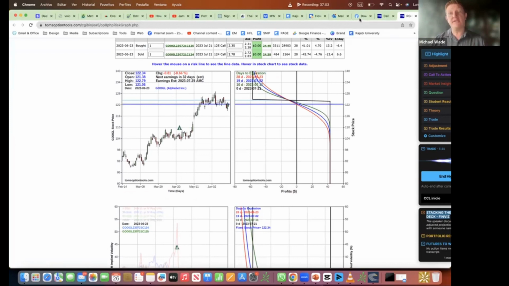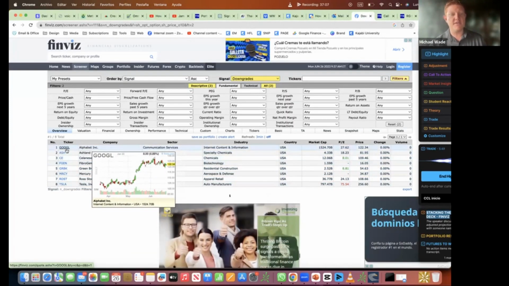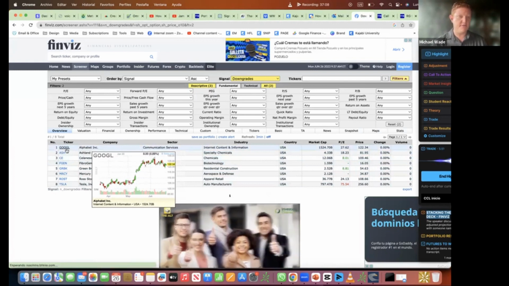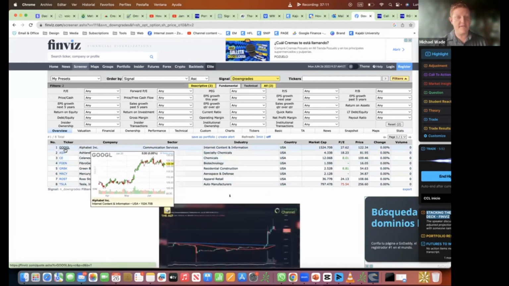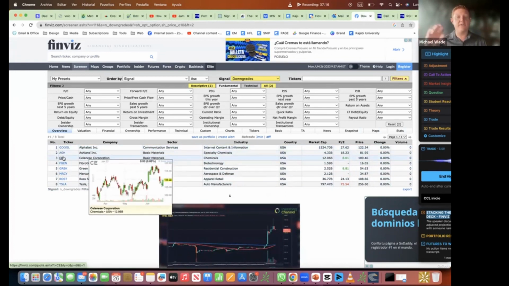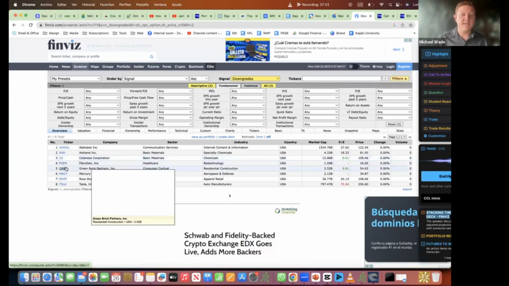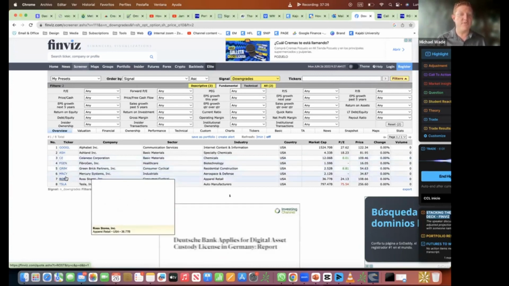And one of the other great things about FINVIZ is if you put your pointer right on top of the ticker, it gives you a graph right there. So you don't need to move around and close windows and open windows again and go back. So it's pretty cool for that kind of thing.